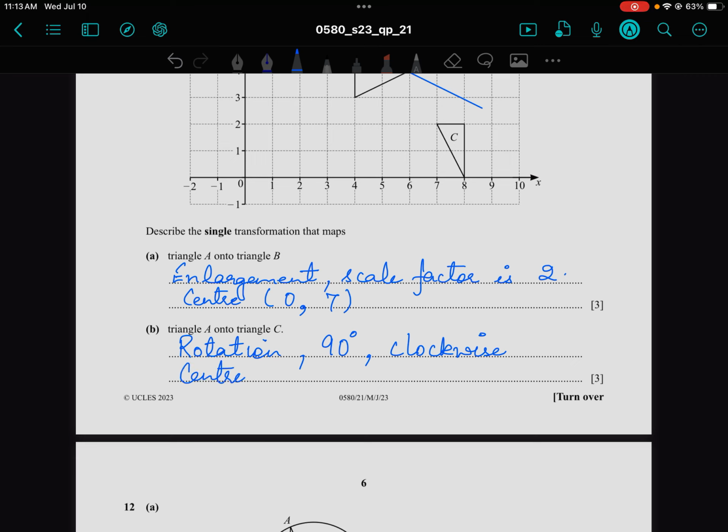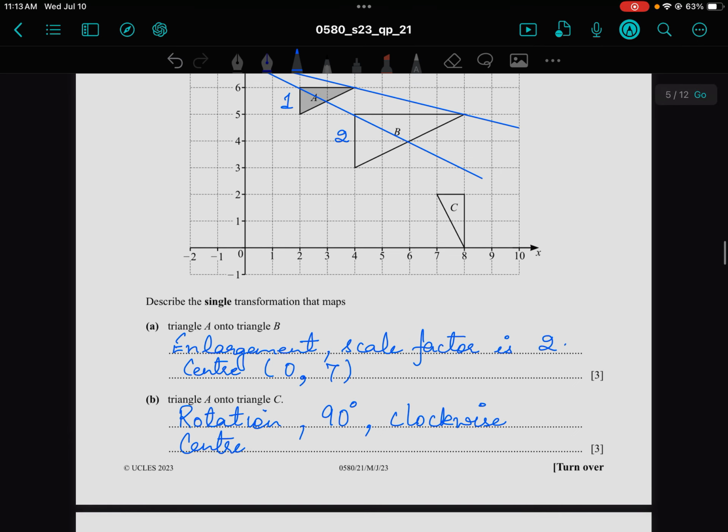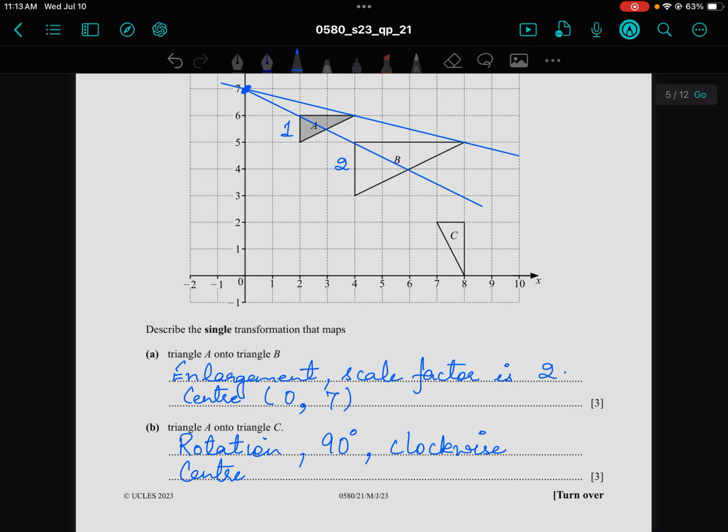Now we have to find the center of this rotation. To find the center of rotation, it's quite tricky. What you can use is the trial and error method.